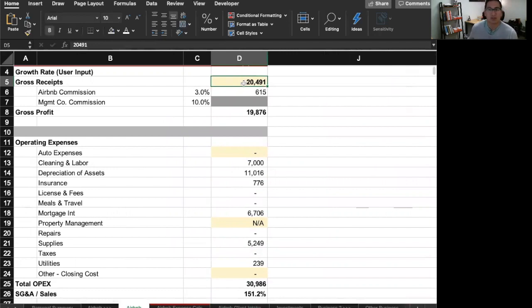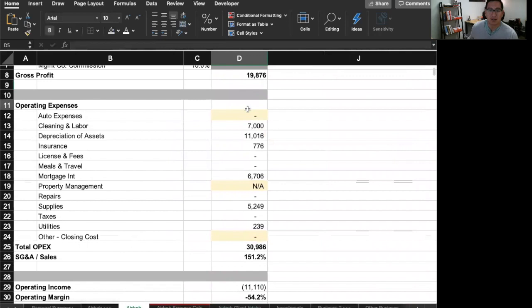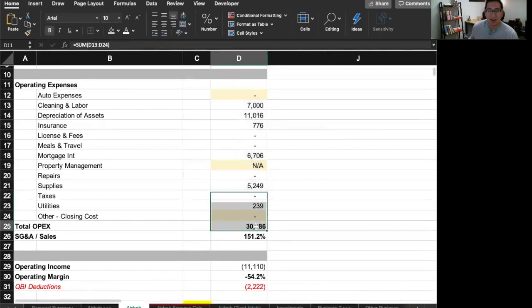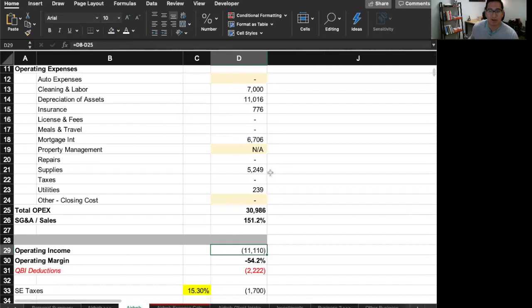Oftentimes, we're also looking at clients that have VRBO or use Booking.com. Again, that's all going to go up here. And then we've got the deductions broken out the way that we talked about. So at the end of the day, this client had 31K of expenses off of 20.5K in revenue. That's going to come out to an operating loss of about 11K.